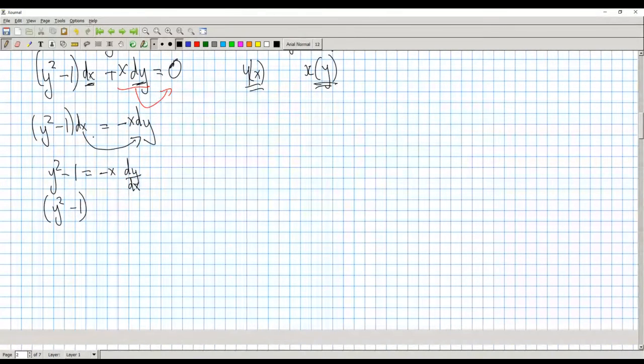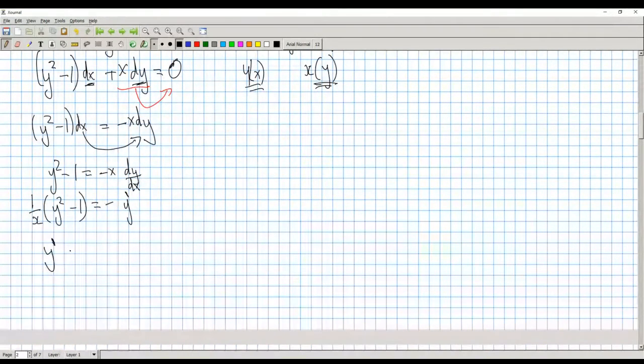So now we have y squared minus 1, 1 over x is equal to minus dy by dx, which is y prime. So now we're able to rewrite this, let's move everything to the left-hand side to match the form we're used to.